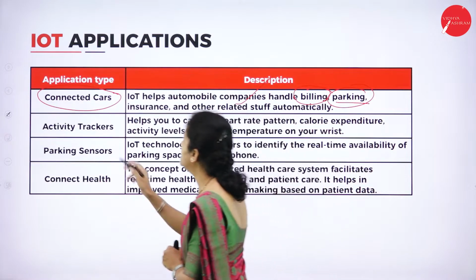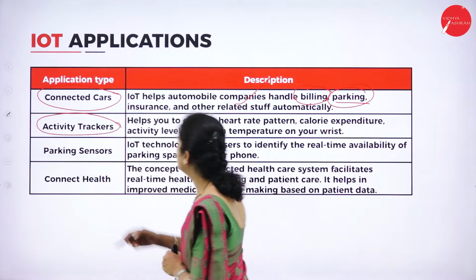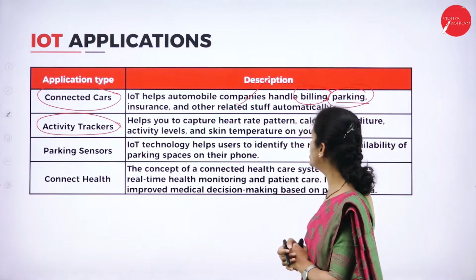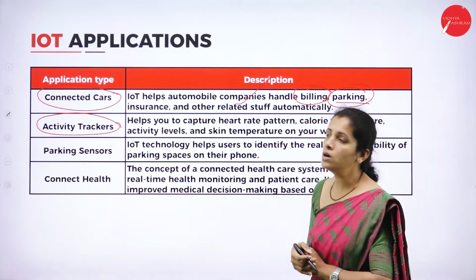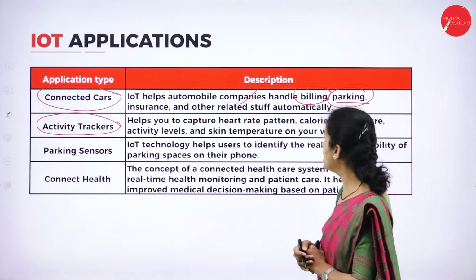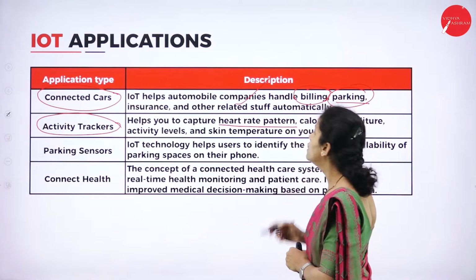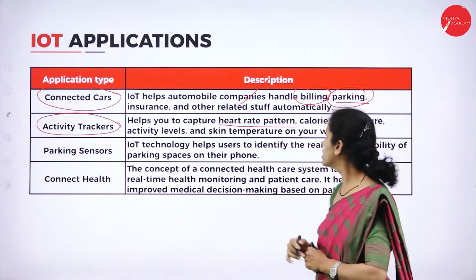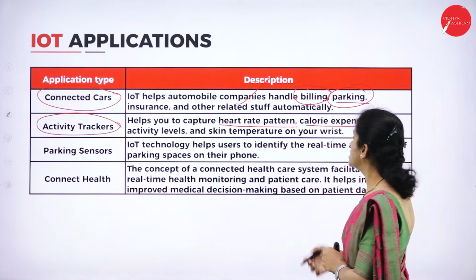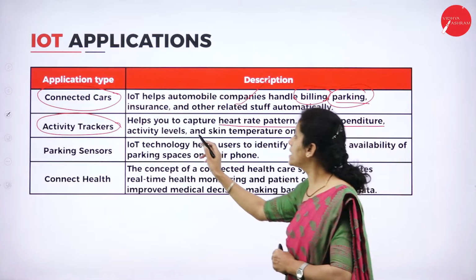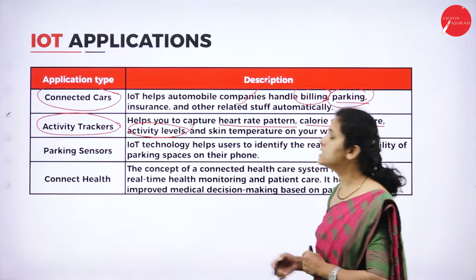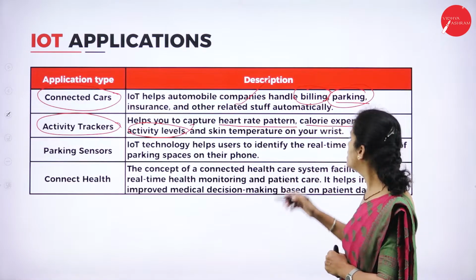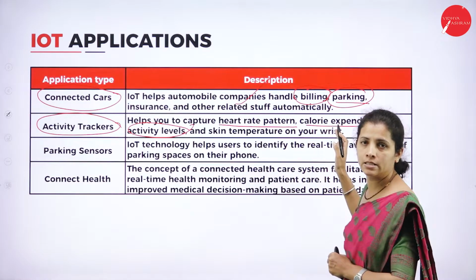Then activity tracker. With the help of IoT, you can track activities like heart rate pattern, calorie expenditure, activity level as well as skin temperature on your wrist.